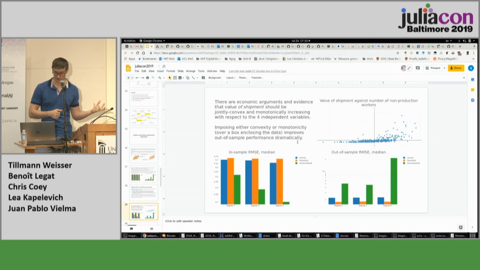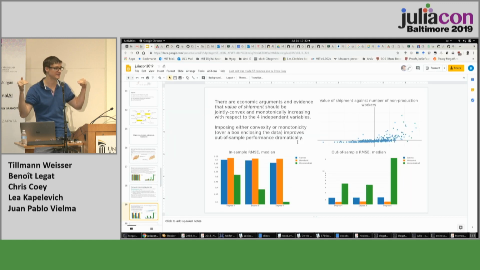There are economic arguments and evidence that this value of shipment should be jointly convex and monotonically increasing with respect to the 4 independent variables that we care about. On the top right, there's a graph of what it looks like for just one of those variables.